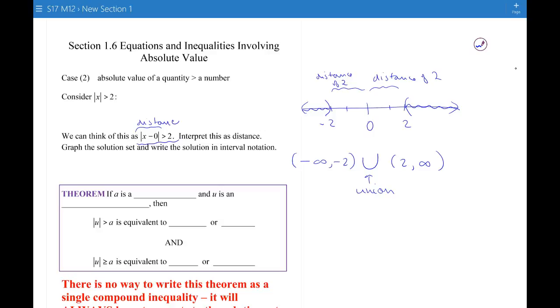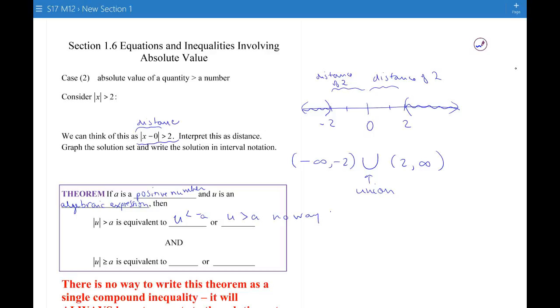So here's the theorem that goes with this. If a is a positive number, and u is an algebraic expression, then the absolute value of u is bigger than a is equivalent to u is less than negative a, or u is greater than a.